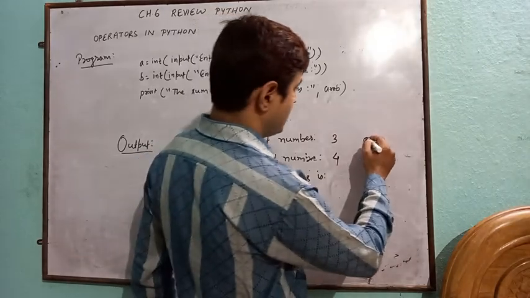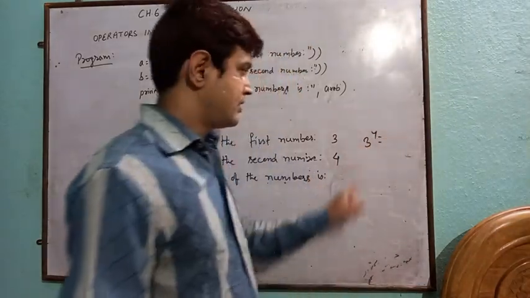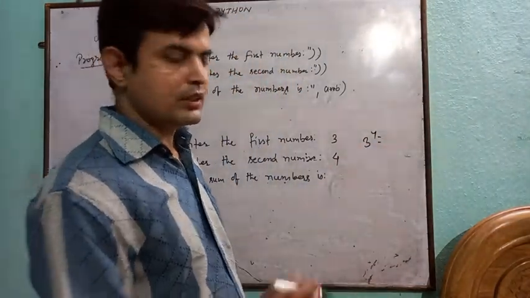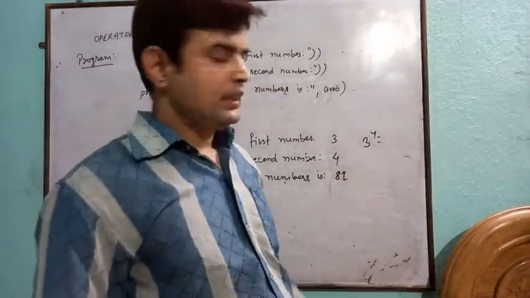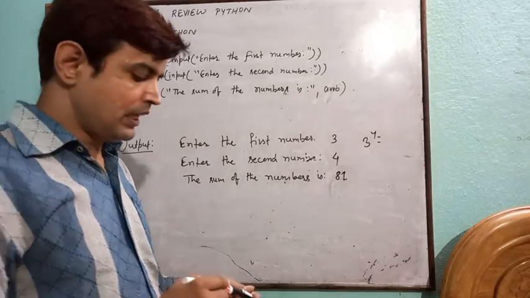So it will be like this: 3, 9, 27, 81. And we will do this during the lab practically.